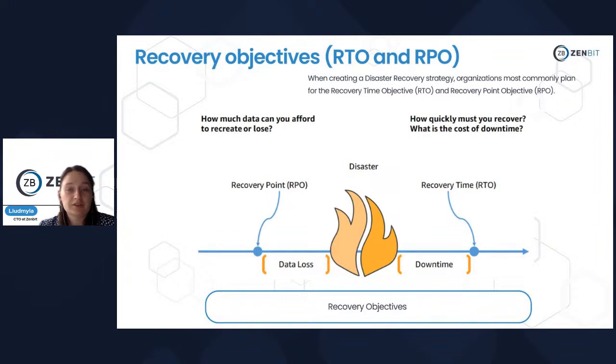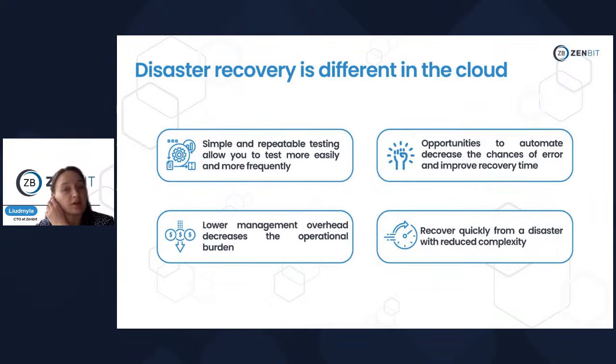Disaster recovery is, I would say, different in the cloud. So the AWS Cloud includes the following advantages. Let's go a little bit deeper into details about how disaster recovery works in the cloud.